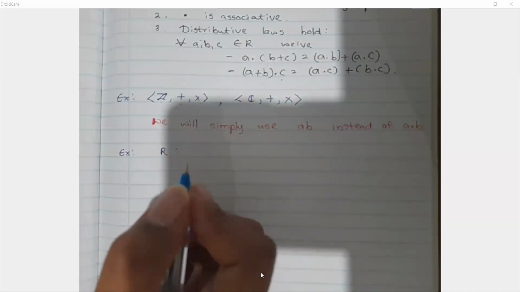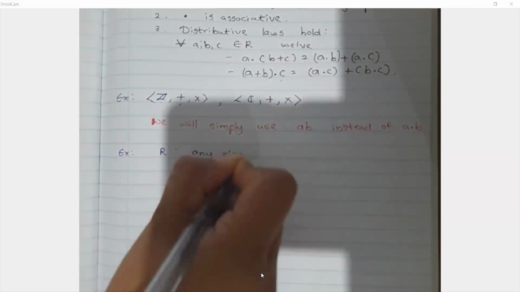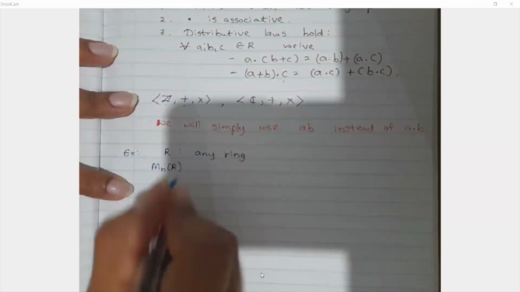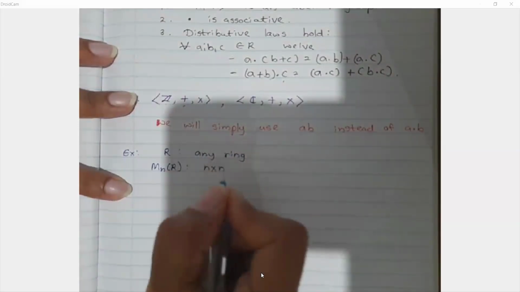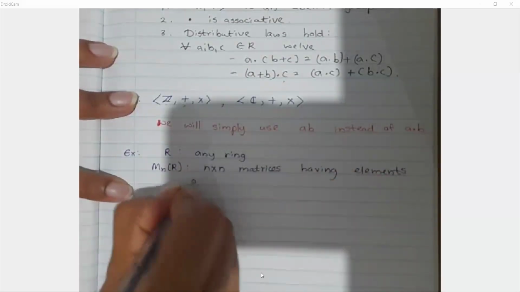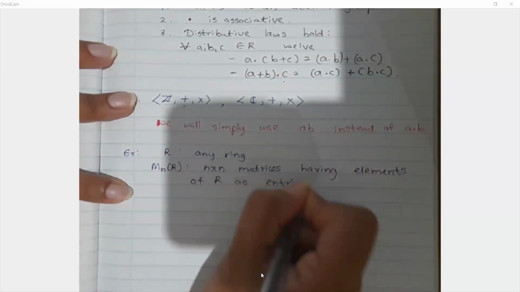Multiplication is also defined for elements in R. Let's denote by Mn(R) the n by n matrices, or matrices of order n, having elements of R as entries.